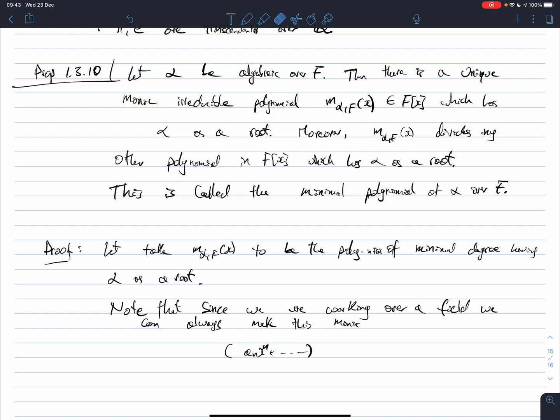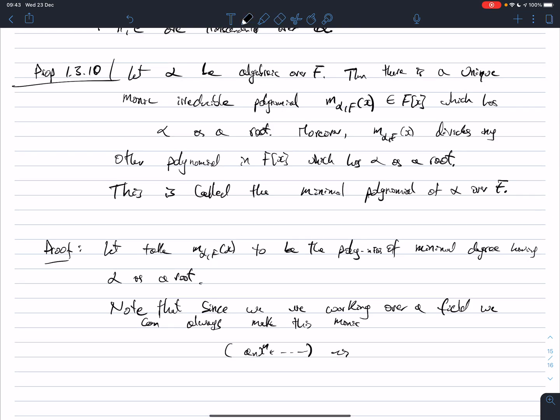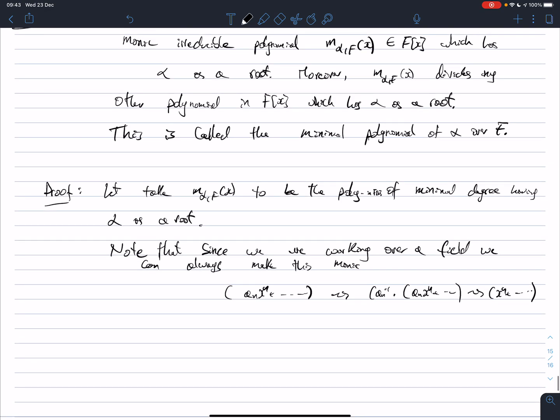Well, I can always just multiply through, because in a field every element has an inverse, so I can multiply through by a_n inverse times my polynomial, and then the thing that I get looks like x to the n plus a bunch of other stuff. Okay, so this is our candidate for a minimal polynomial.